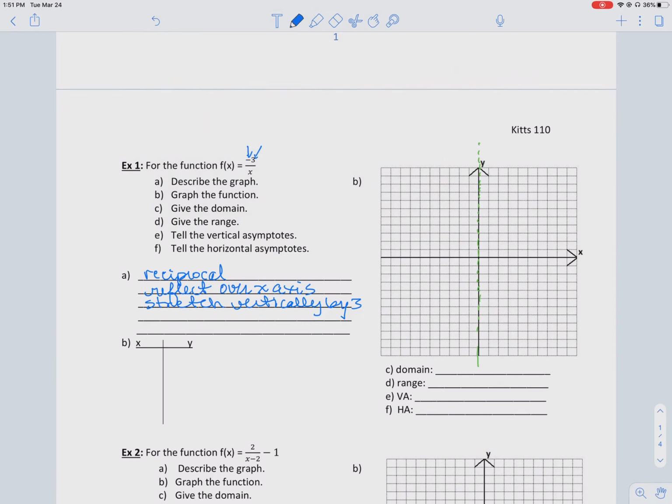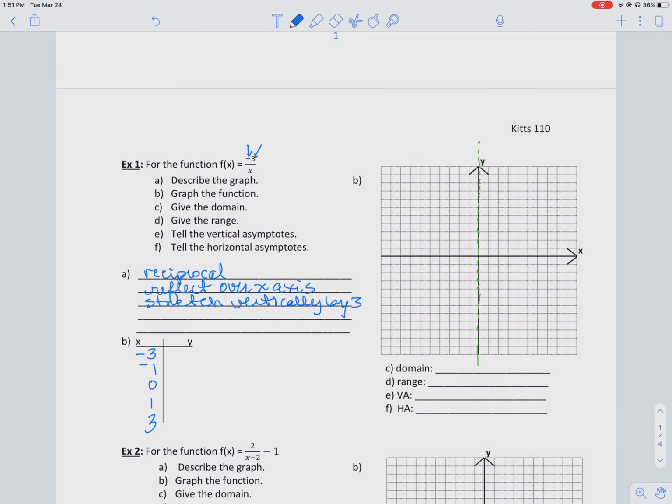Let's plug in maybe -3 and -1, and that'll give us the left-hand side, and then maybe on the other side 1 and 3. It's up to you. I didn't want to deal with a lot of fractions, so that's why I put the 3 in there. Because notice if I put the -3 in right here, I get -3 over -3.